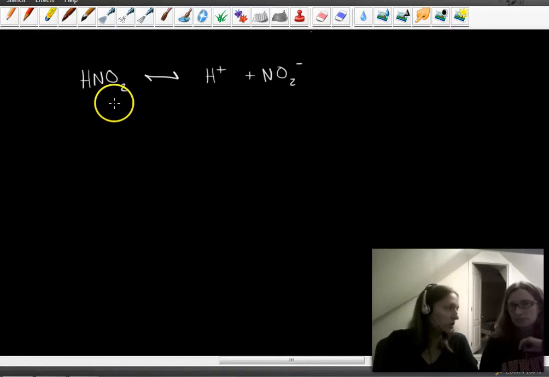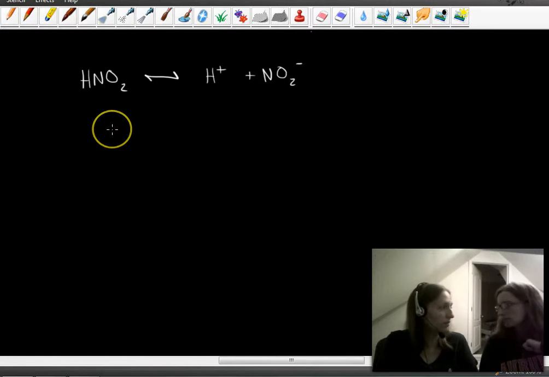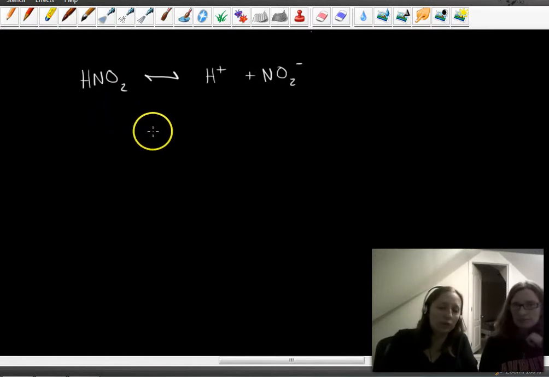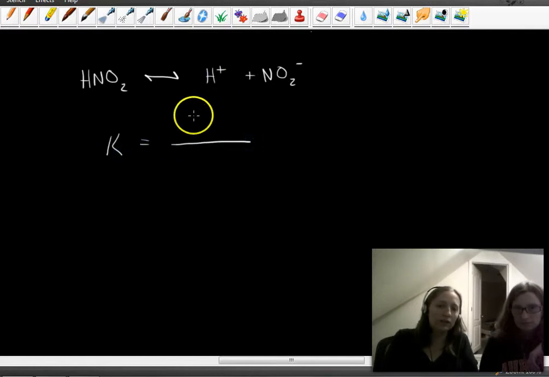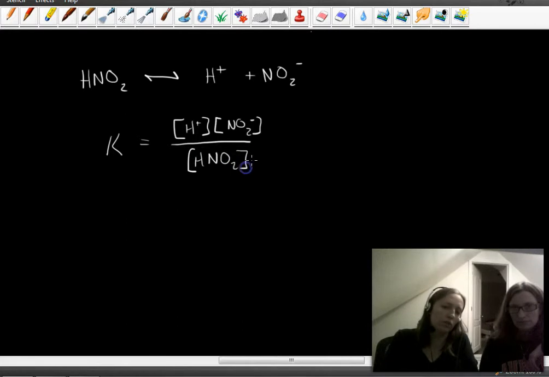How much? Well, that can be represented with an equilibrium expression, which, if you remember, goes kind of like this. K, and you've got your products in brackets multiplied, divided by your reactants in brackets multiplied, but there's only one. So here's your equilibrium expression for this thing.